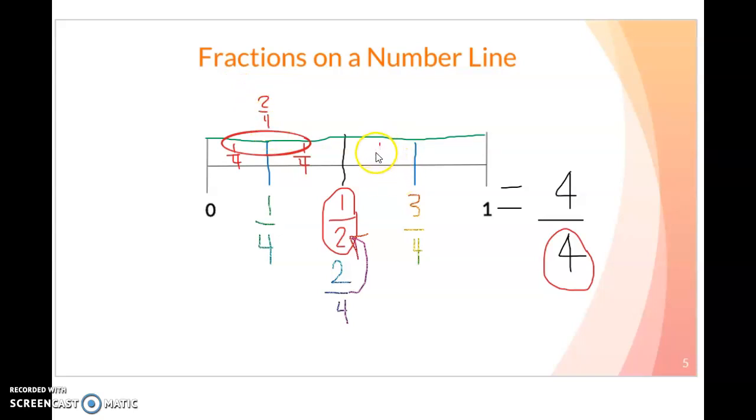Here is another 1/4, and here's another 1/4. If I add 1 plus 1 plus 1 plus 1, it will give me 4. My denominators are the same, so it doesn't change. And again, it is equal to 1/2.